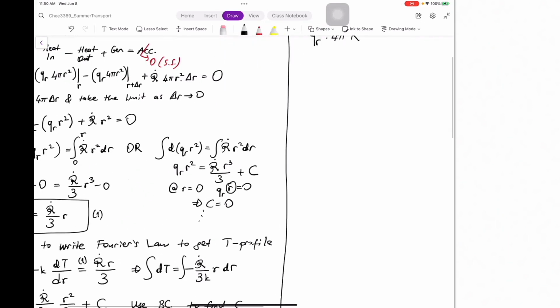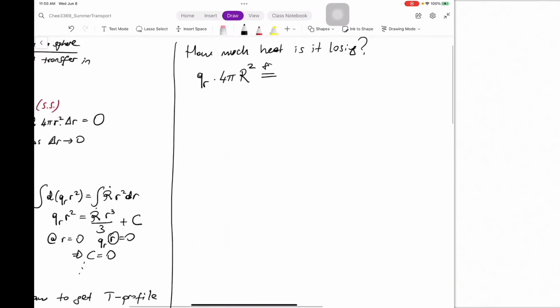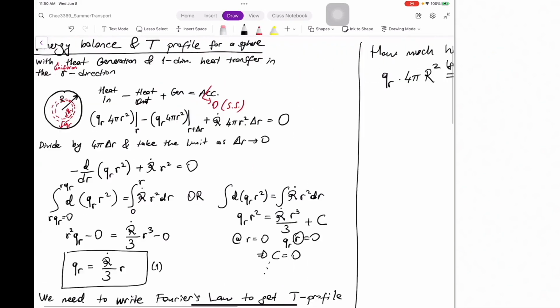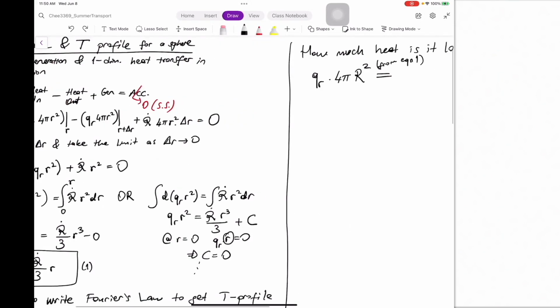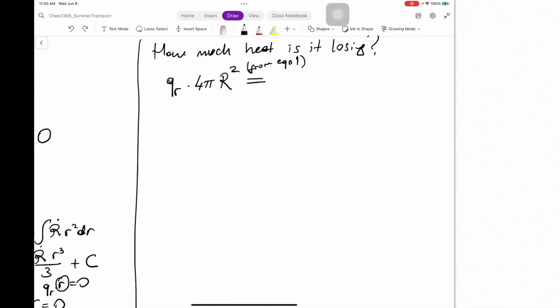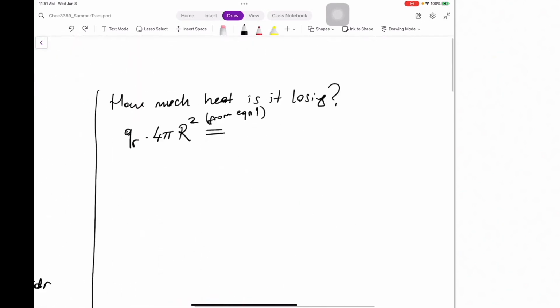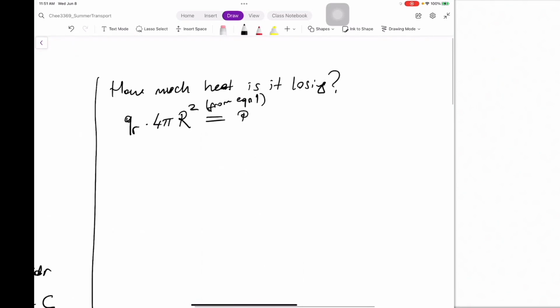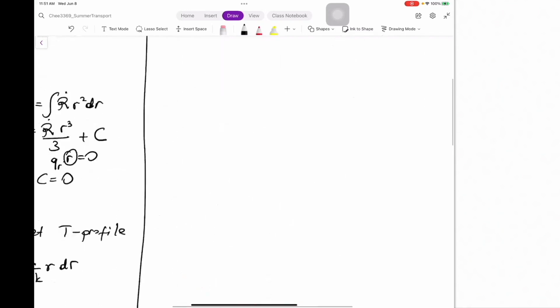And if you actually use the equation from equation 1, this equation, you would get, can anybody tell me? QR. Fancy R dot, right? What was that? Fancy R dot over 3.